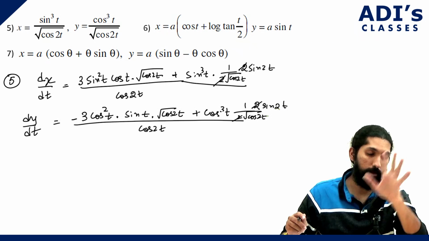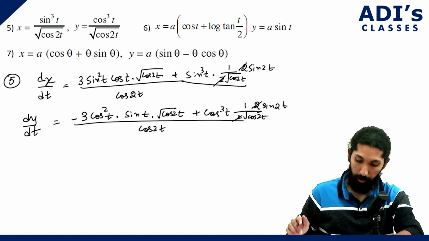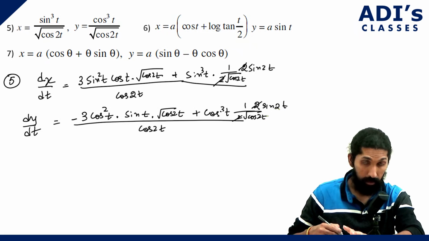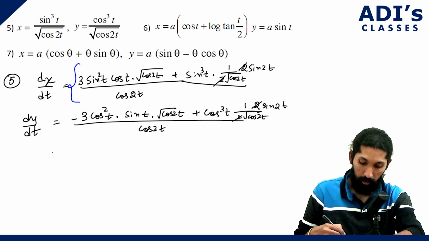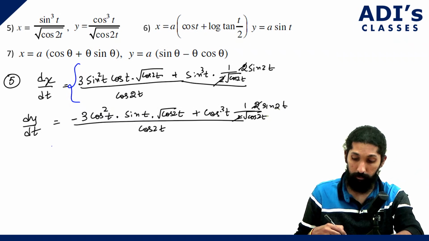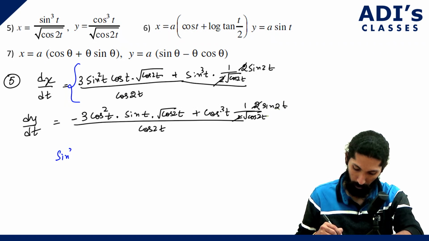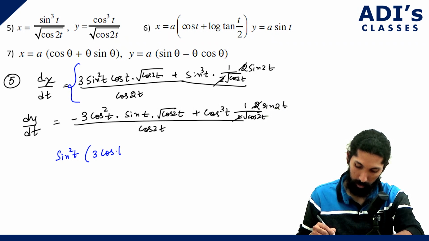Alright, now you got these two big values. Now what we do is, we'll take the LCM within the numerator. Look at the numerator part, I'm looking at this part. Can you not take sine square t common? You can, right? Sine square t into 3 cos t.